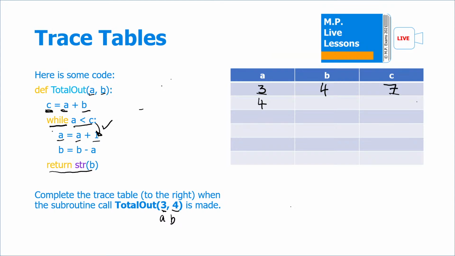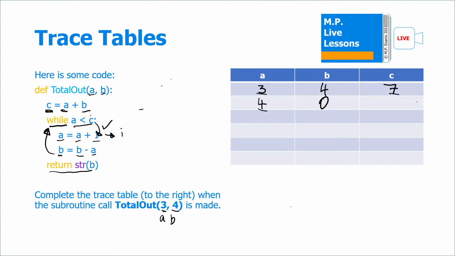And then when you run this line here, B is assigned its original value, which is 4, subtracted by A, which is now actually 4 right now. So it decreases by 4, which is 0. Then it loops back up to here and checks again if A is still less than C. 4 is still less than 7, so it goes again.